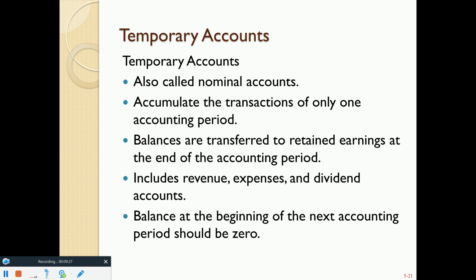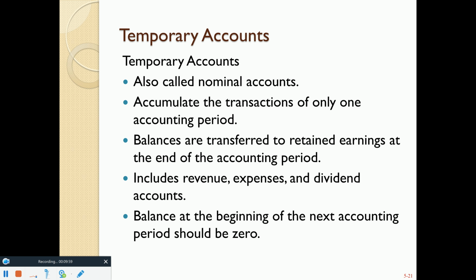Okay, now after we are done preparing the financial statements, the last couple of steps in the accounting cycle is to close the books. And what accounts are we going to close? And what does this term close mean? What we're going to do is close the temporary accounts, aka nominal accounts, to zero.